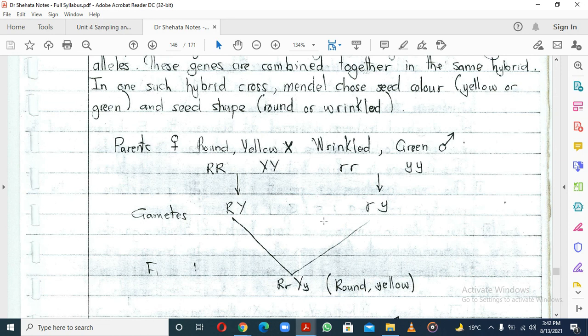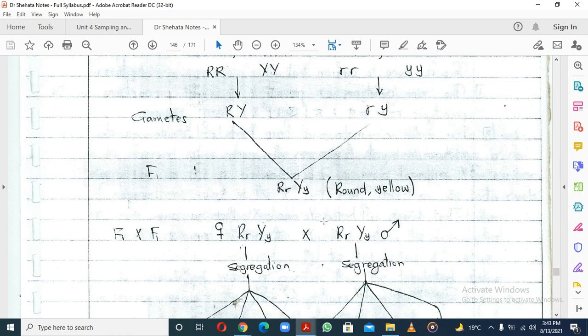So whatever combinations we have, it's going to be capital R, lowercase r, capital Y, and lowercase y. This means that all the offspring produced from a homozygous round and yellow plant with a homozygous wrinkled and green plant are going to be heterozygous round yellow seeds. So that's what this shows.